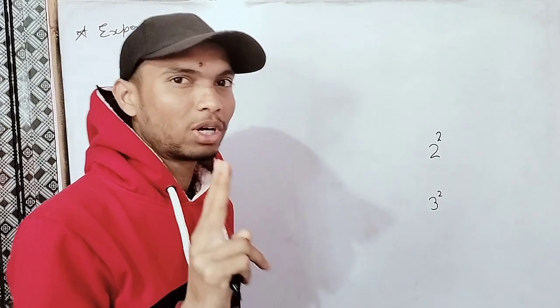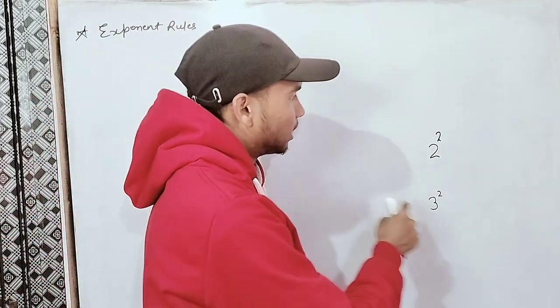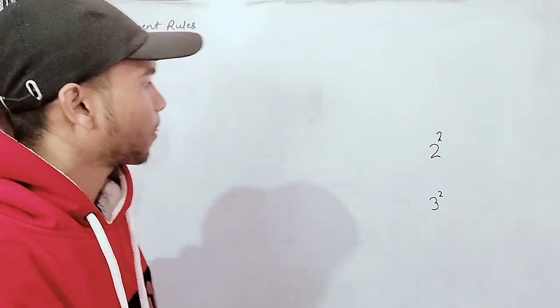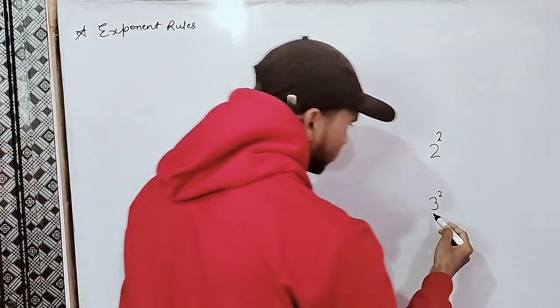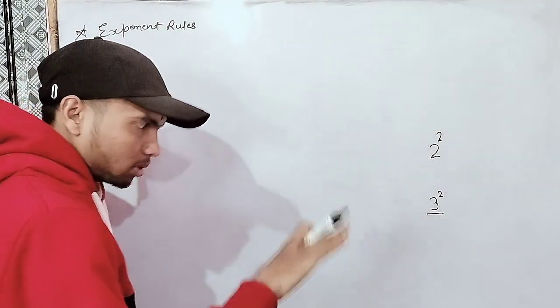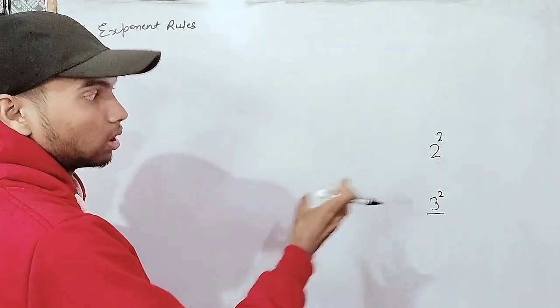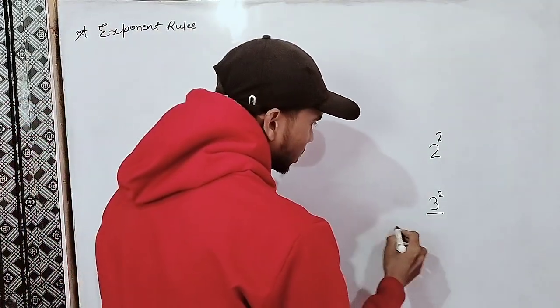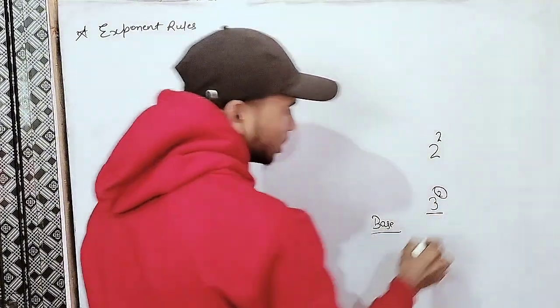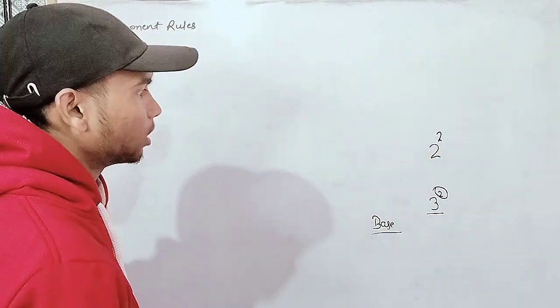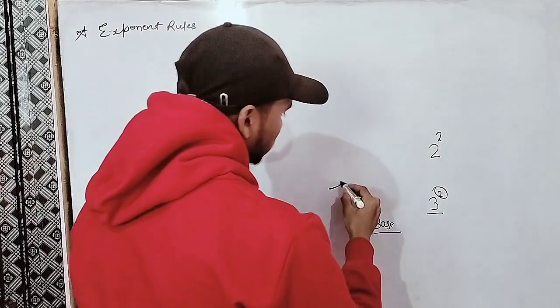So there are two things hidden in this digit. Always remember, this downward number will be known as the base, and this upward number will be known as the exponent.